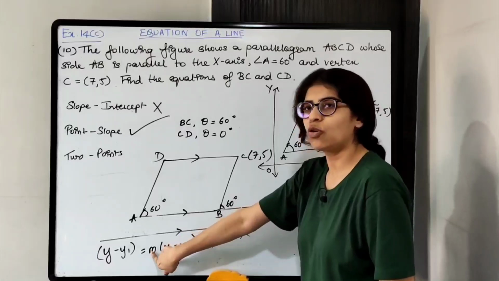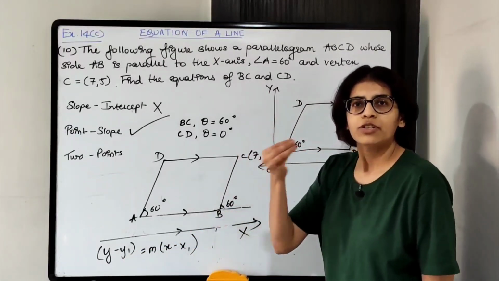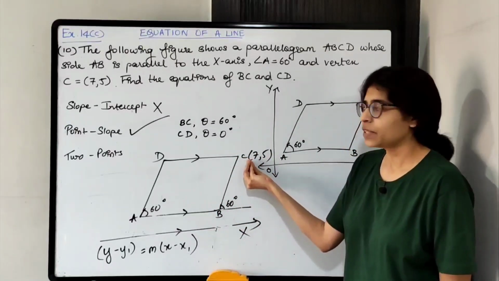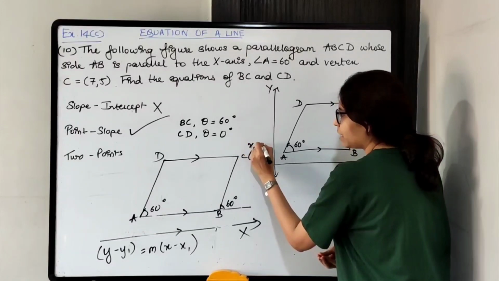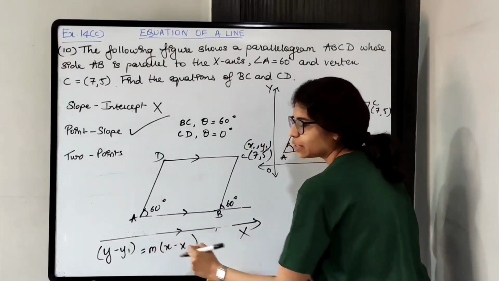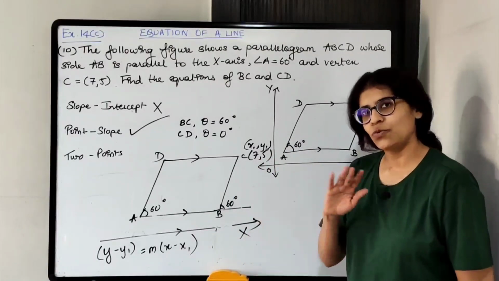Where m is the slope and x1 y1 क्या हो जाएगा? It will be the coordinates of that point. Okay? यहाँ पे C का coordinates पता है, so it will be x1 y1. So you will put the values of x1 y1, you will put the values of m and you will get the equation. Okay? So very easy.